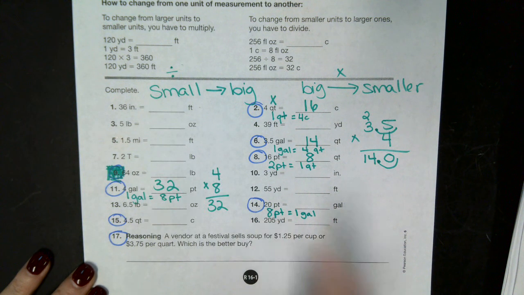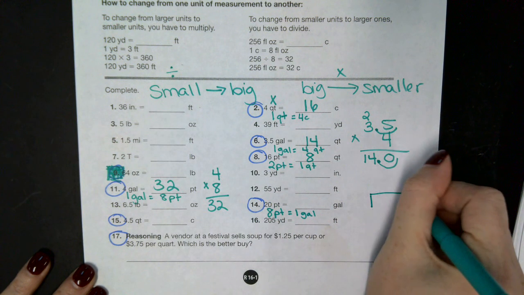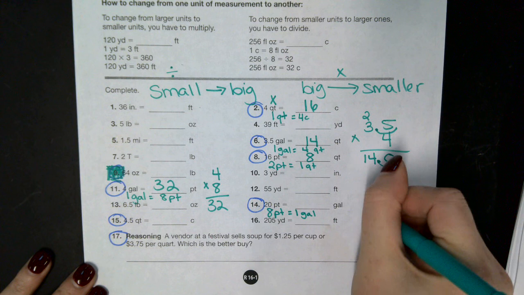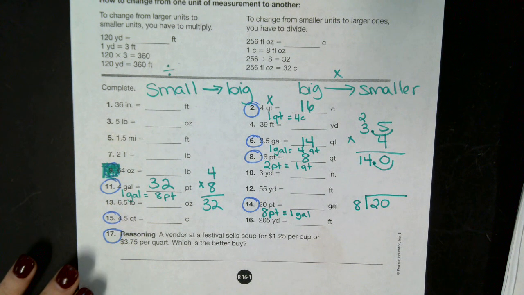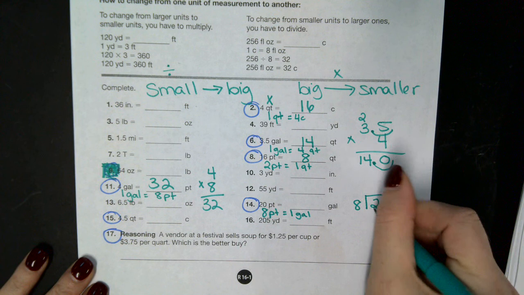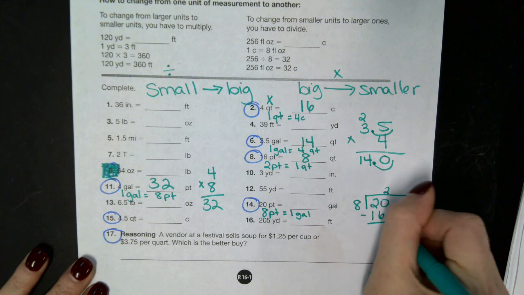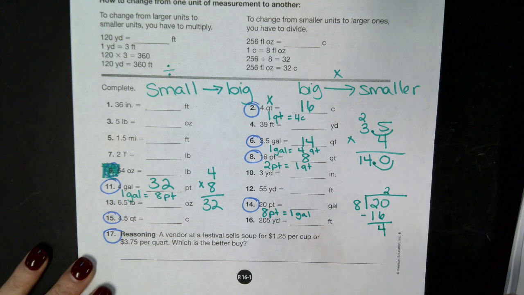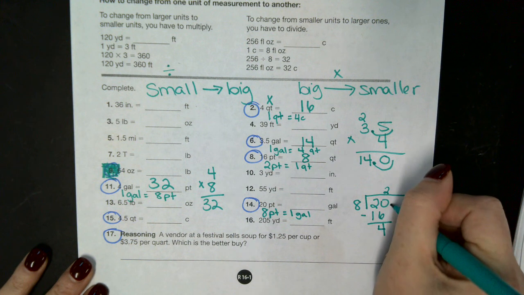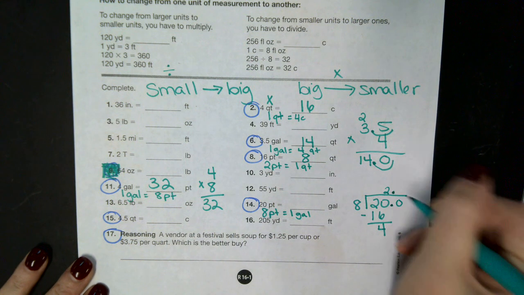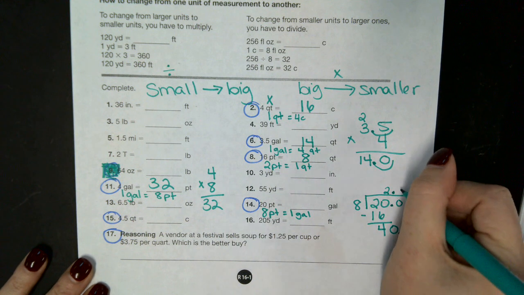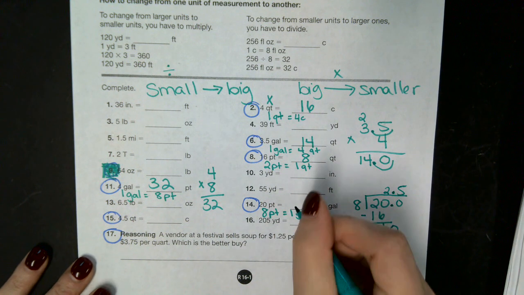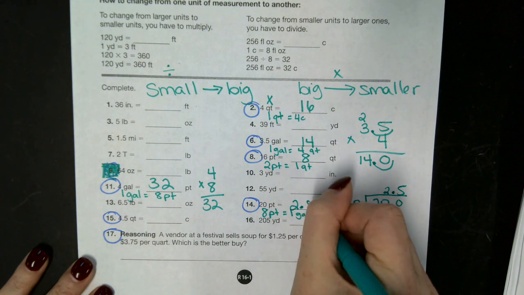So 20 divided by 8. 8 goes into 20 how many times? 2. Can't have a remainder, can I? What do I do? You add a 0. Add a decimal and a 0. Bring the decimal up. 8 goes into 40 how many times? 5. You get 2.5 gallons. Good.